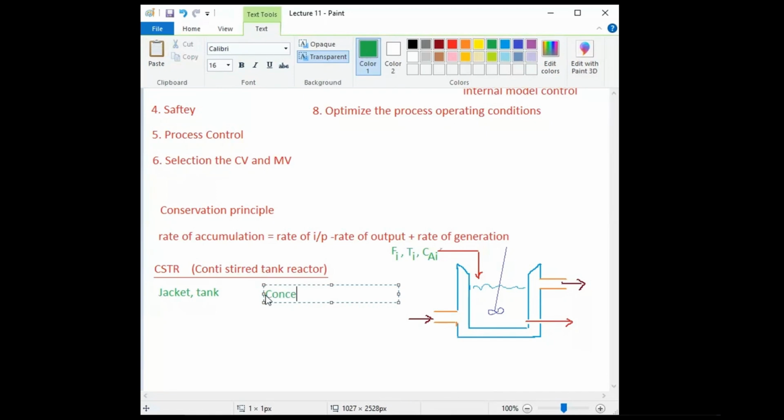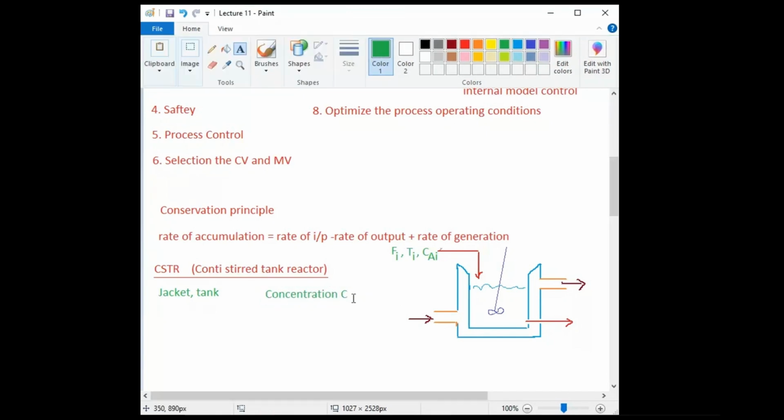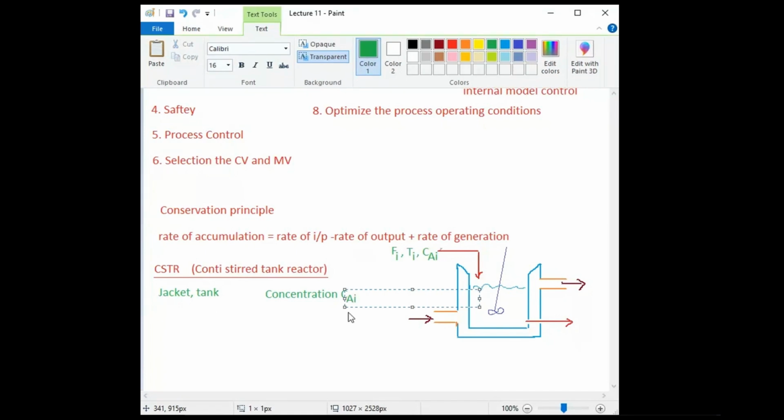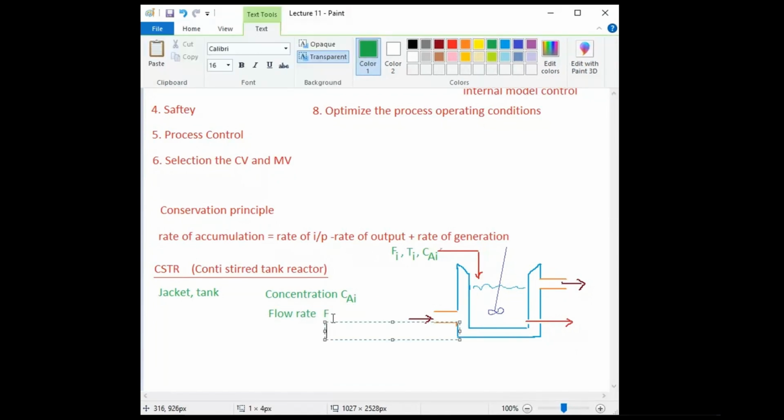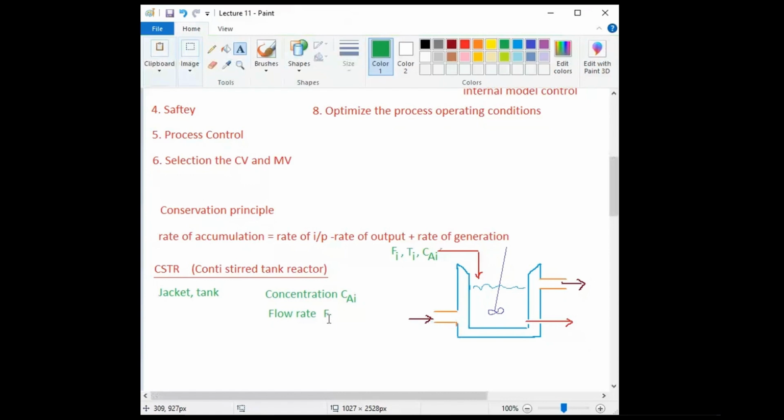So shall I write it? Concentration CAi, flow rate Fi. Flow rate and other things we have seen already many times while you were studying that Searles tank.